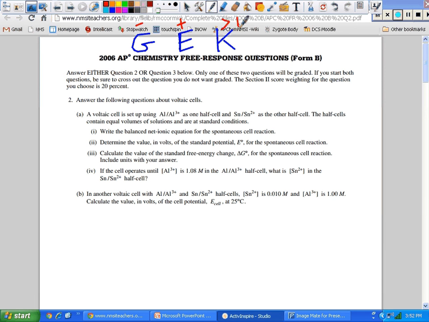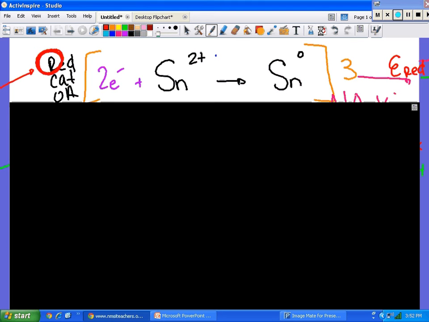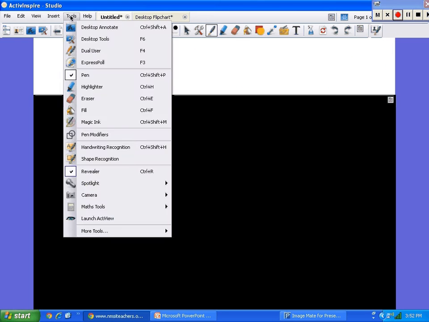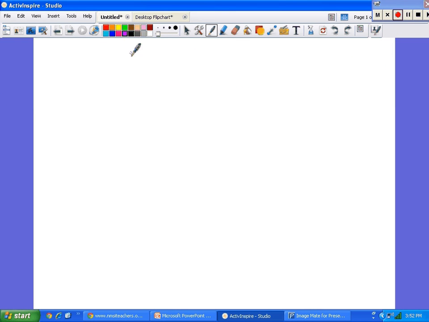We can relate all 3 of these equations. Y'all have seen me write them before. So, delta G is related to E by what? Delta G equals negative nFE.